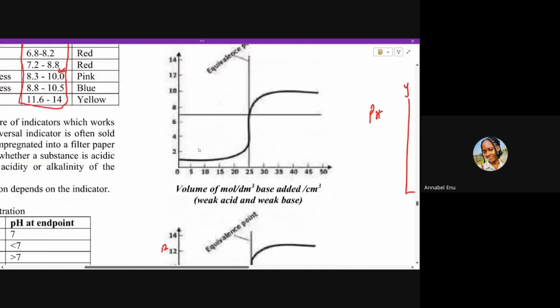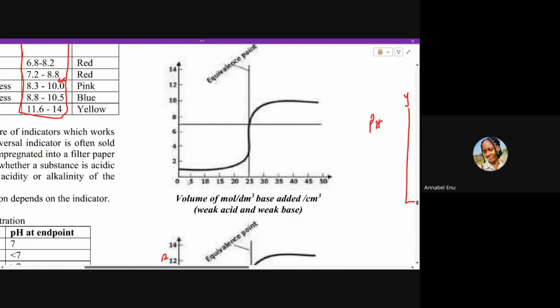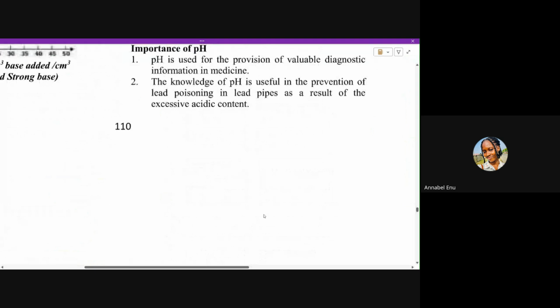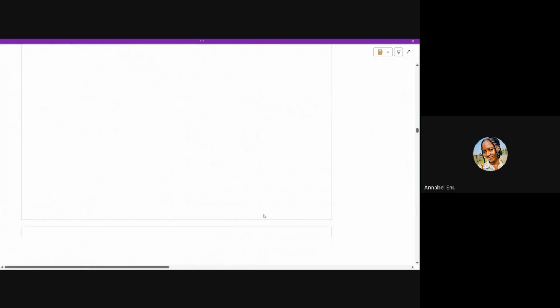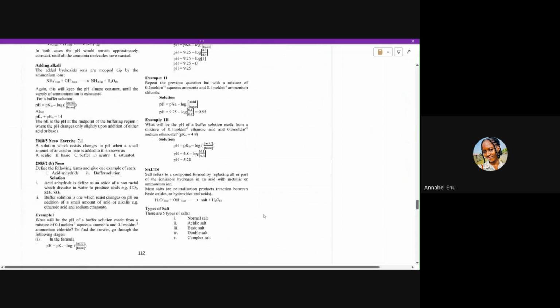And in this other example, the same thing, a weak base, because you see the end point when we trace it to the pH value, it is below 10, like about 9. And so on. So let's attempt some past questions. Before then, if we see that we have more time, we can go into salts.